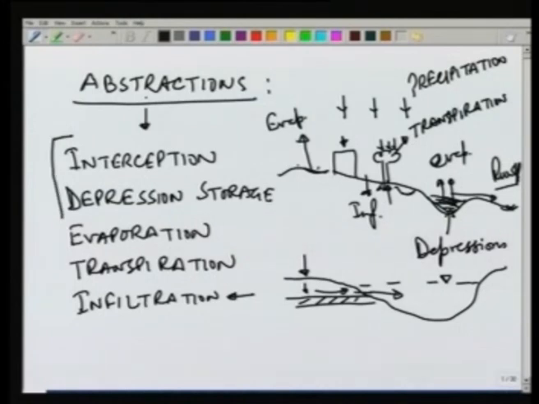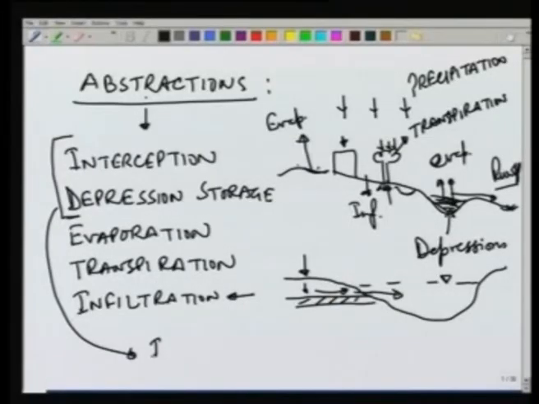Interception and depression storage typically occur in the early part of the rainfall, and therefore they are combinedly called initial loss. Similarly, evaporation and transpiration are very similar in nature, and the factors affecting evaporation and transpiration are almost identical.